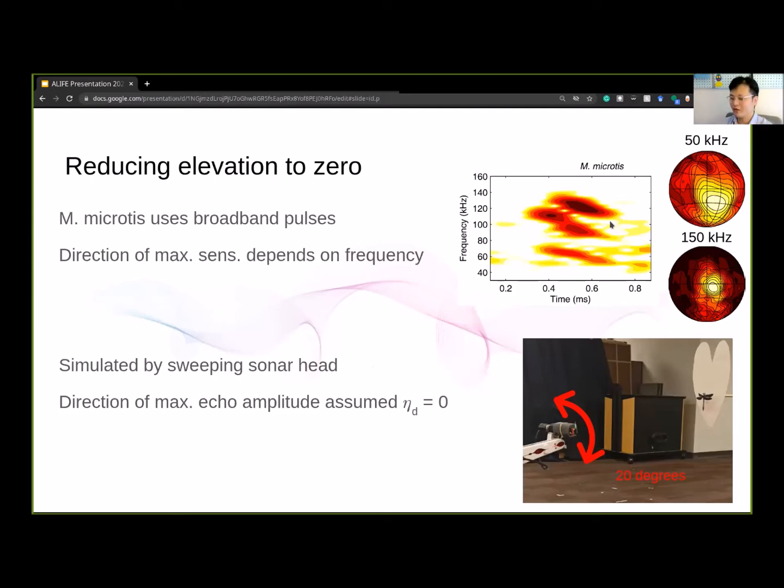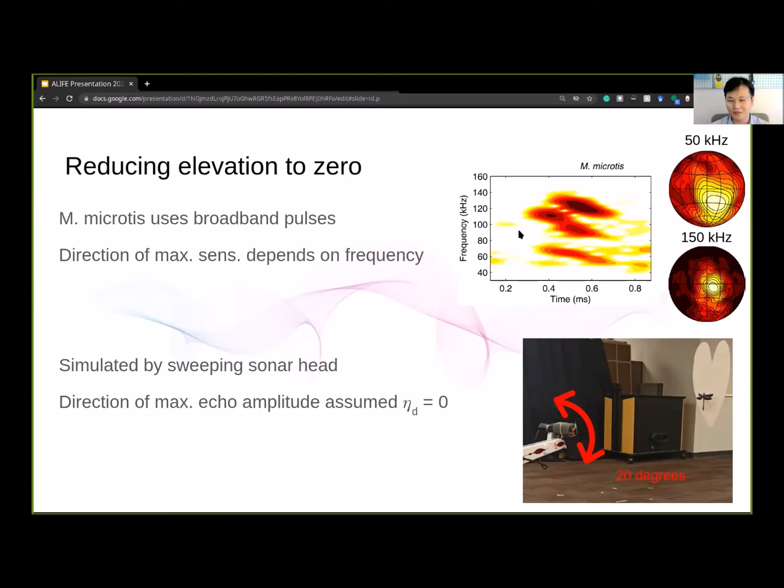So fun fact, if you look at a bat ear, look into this part of the ear. There's a tiny piece of skin that comes up in the middle of the ear. That part actually helps the bat to differentiate objects in terms of the z-axis.